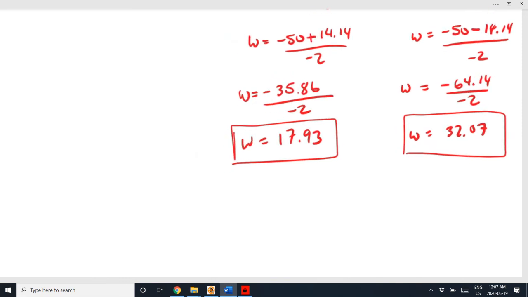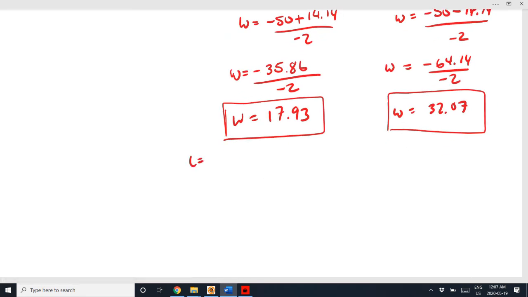So we said length is equal to 50 minus w, and in this case our w is equal to 17.93. So we have length is equal to 50 minus 17.93, and if we plug that into a calculator, we're going to get 32.07. Let's see if we plug in the other one here.